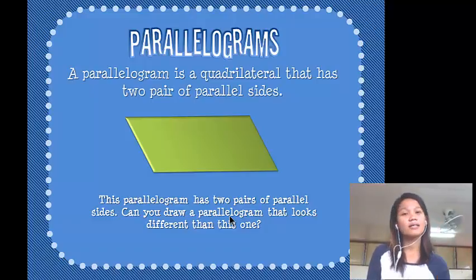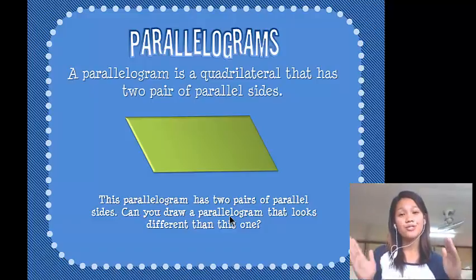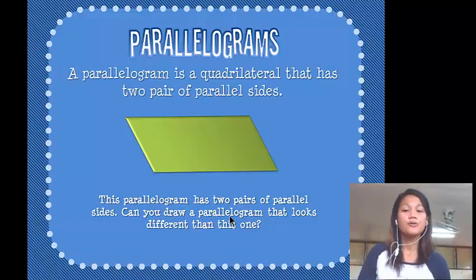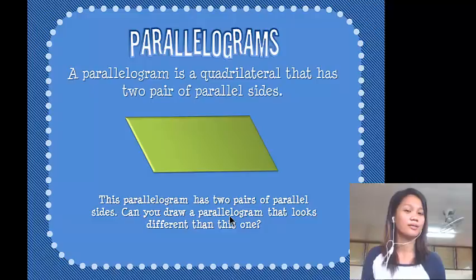Like these rectangles, the two opposite sides are equal, but not all. Can you draw a parallelogram that looks different than this one? Yes, you can draw a parallelogram in a vertical way, and this one is horizontal.